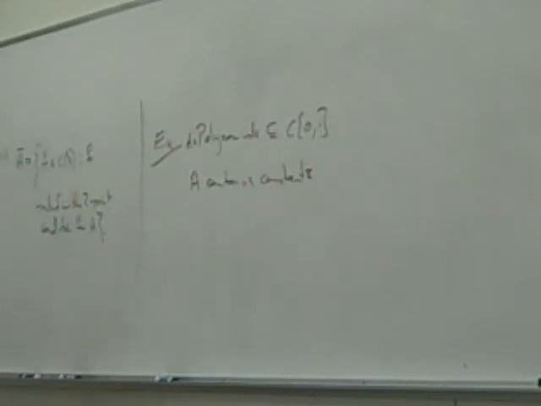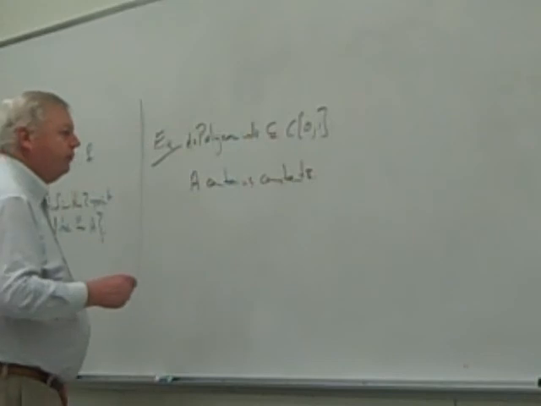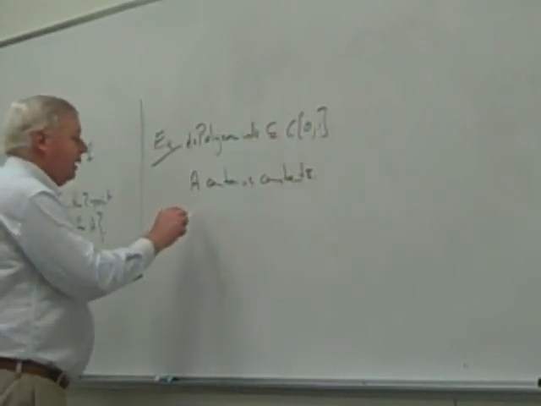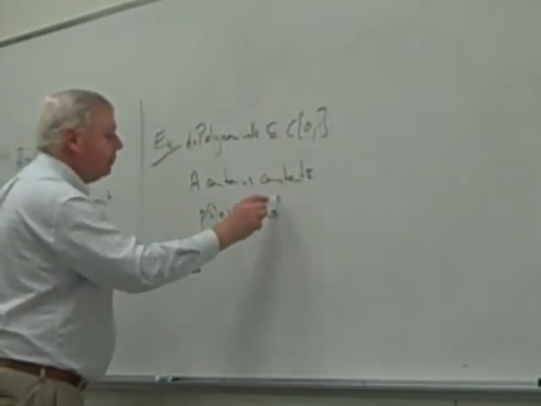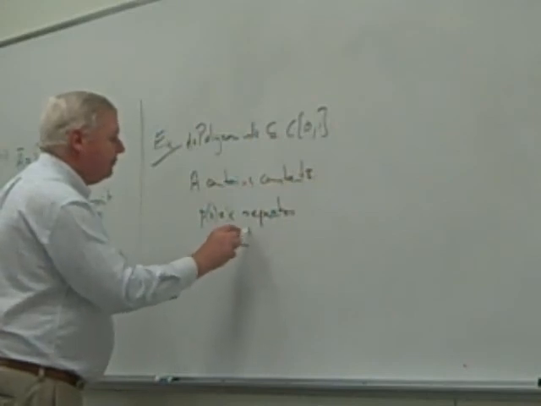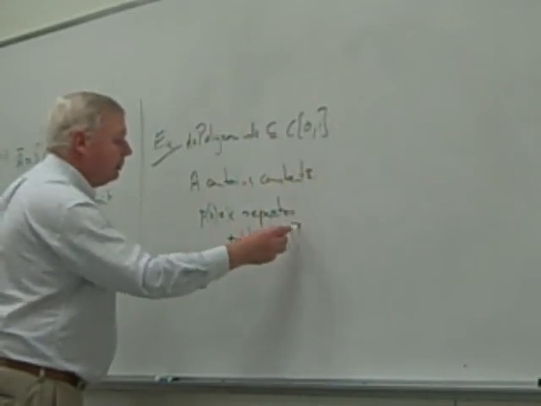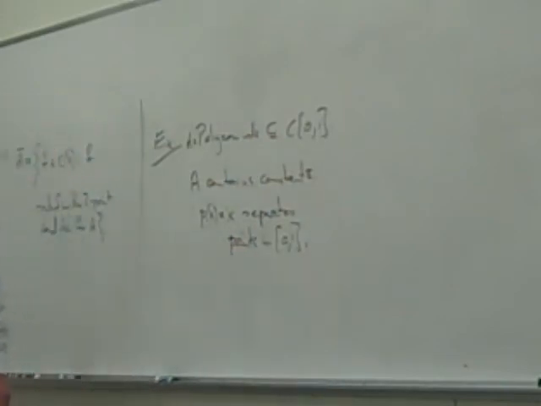And what about separating points? Well, in this case, we have one polynomial that will do the job. So P of x equals x separates points in 0, 1. Given any 2 points, plug them into this polynomial and you get 2 different answers. So that was one version of the Stone-Weierstrass theorem. Containing the constants and separating points, we will see is sufficient to get that the closure of the algebra is the set of all continuous functions.